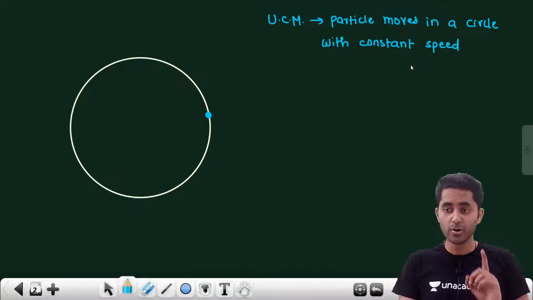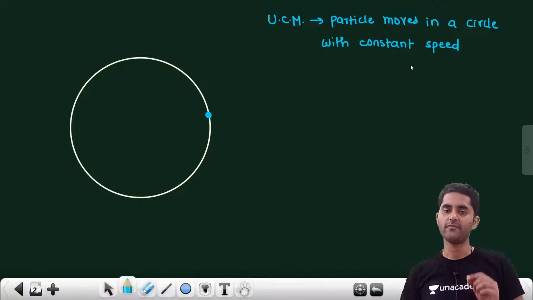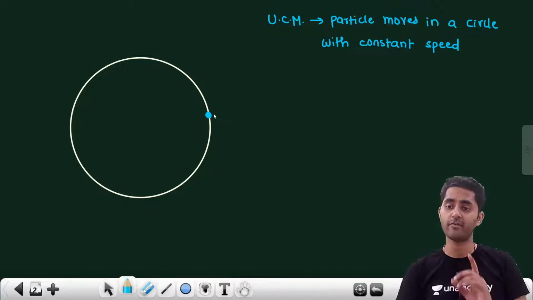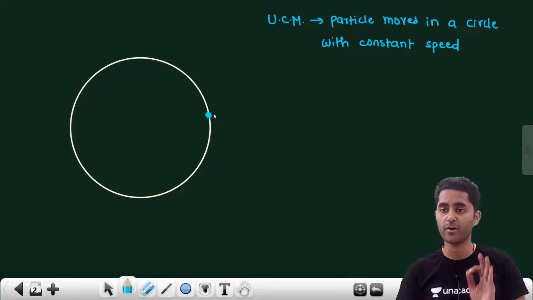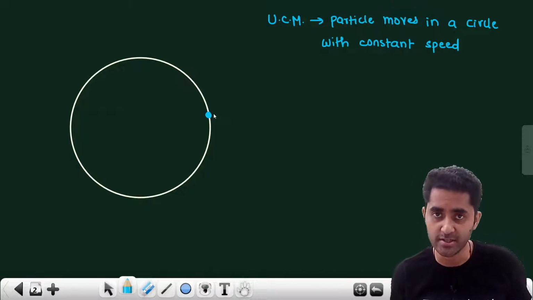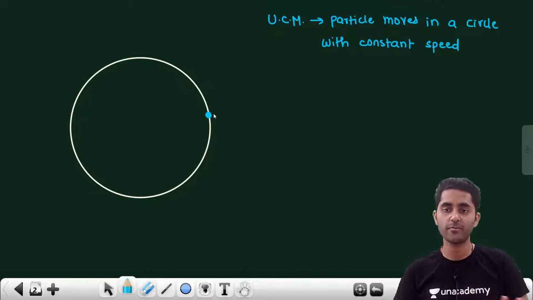I am not saying constant velocity, because velocity cannot be constant. At every point, if a body moves in a circle, the direction of velocity changes. If the direction of velocity changes, that means velocity changes, so it cannot be constant.